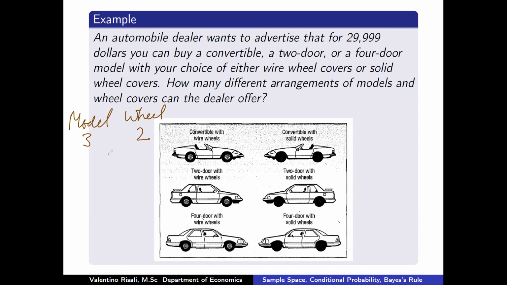And then we can get 6 different models or 6 different arrangements: 1, 2, 3, 4, 5, and 6. And because this number is quite small, we can list all of them in a picture. Now, just multiply all ways of things.